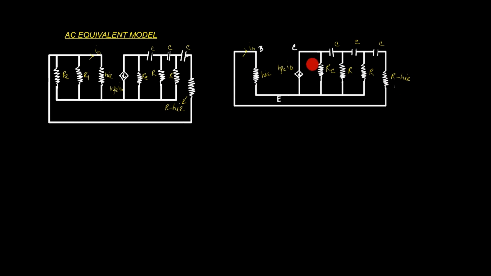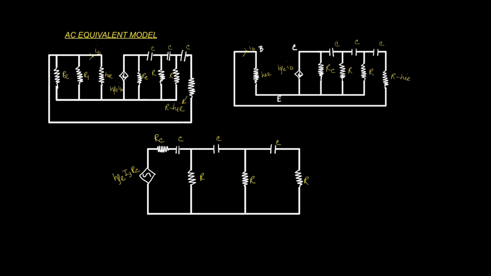And here you can see the current source is connected in parallel with that RC resistor. According to the source transformation law, you can convert this current source into a voltage source in series with that resistance. So simplify this and we will get that circuit.